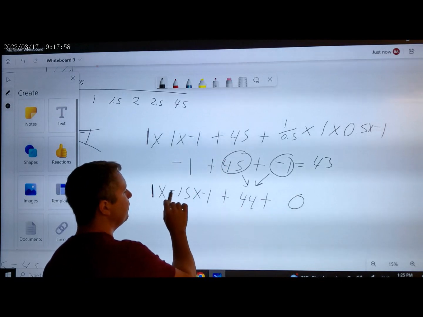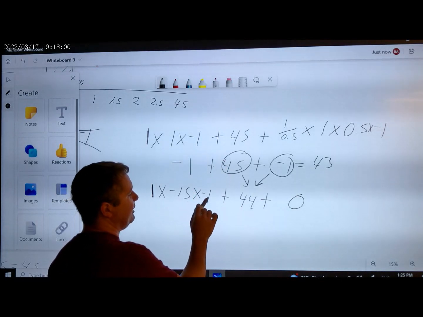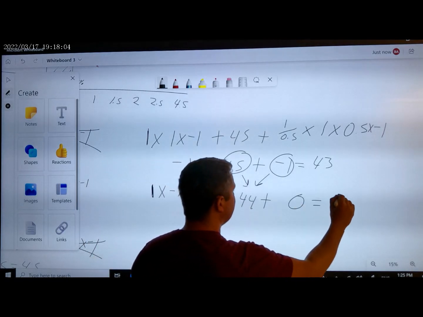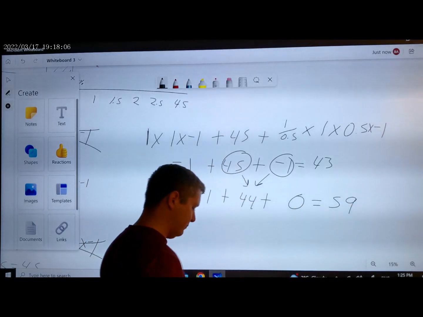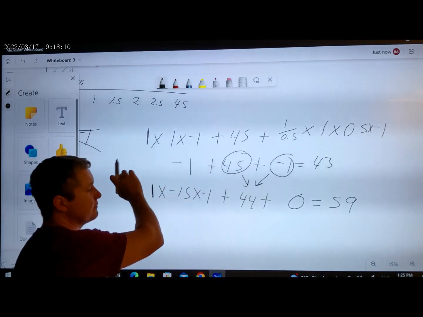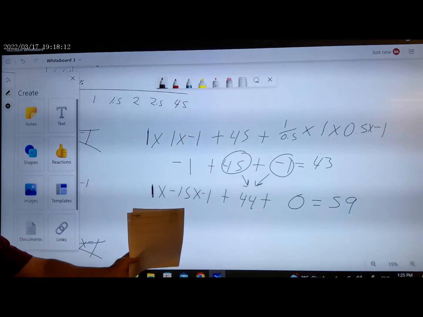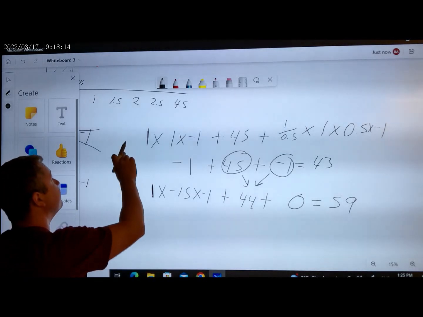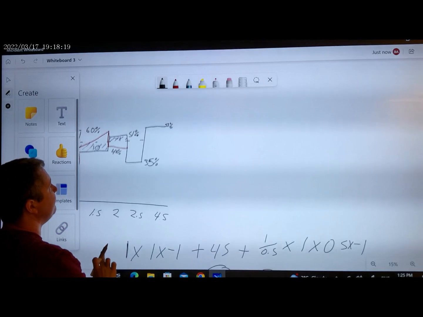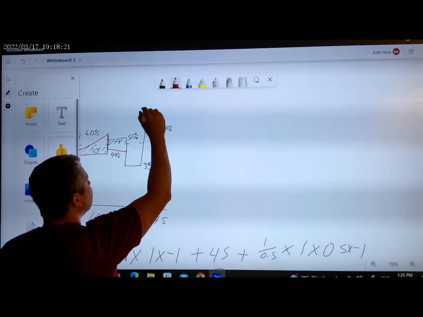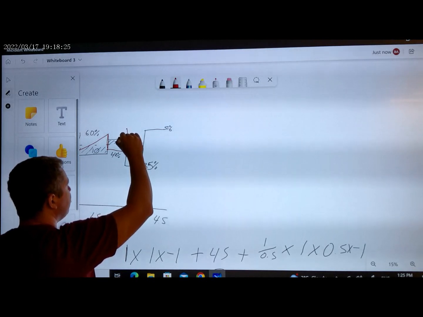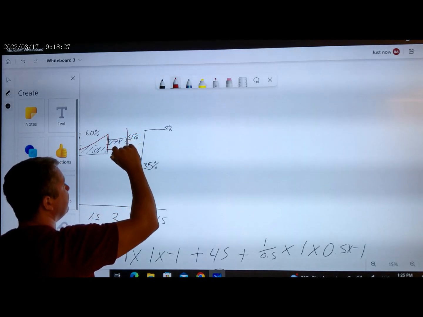So 1 times minus 15 times minus 1, that's going to be 15 plus 44, which equals 59. Is that what I got? Yes, it is. So that was 59% output. It jumped up just as we expected.